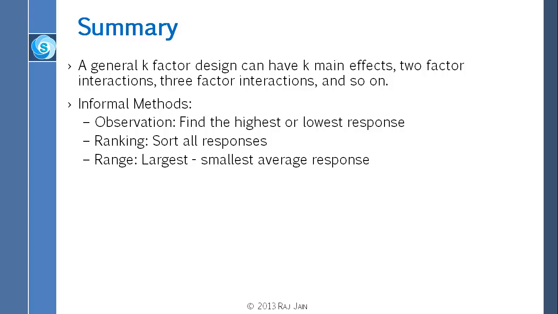And you can use statistical methods, or you can use one of these 3 informal methods. First method was the observation method, in which you just take the best experiment and then try to use those values for your design. Second was the ranking method, where you rank all the observations, and the third was the range method, where you find the range of the largest versus the smallest.